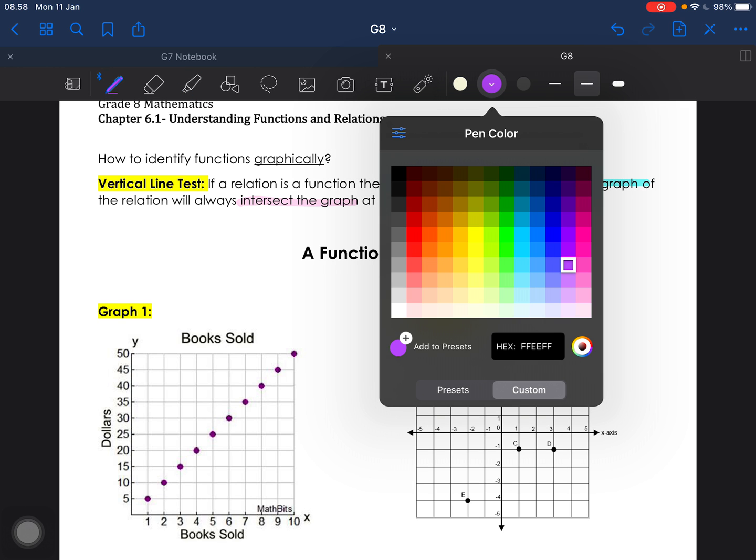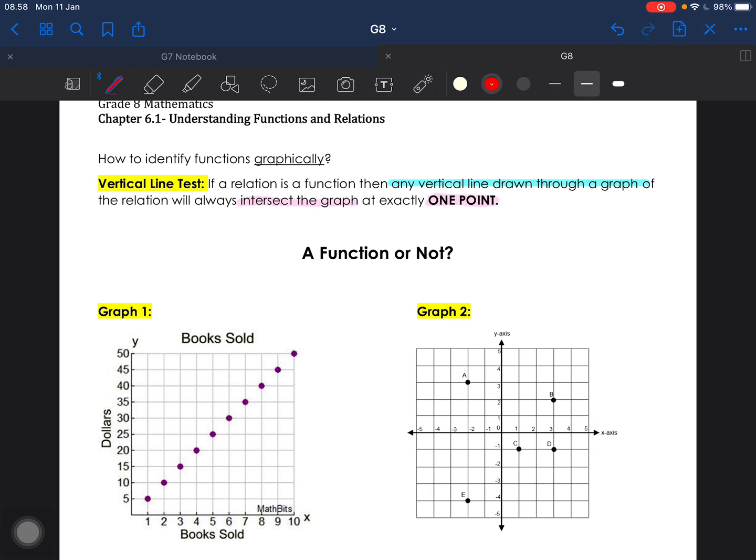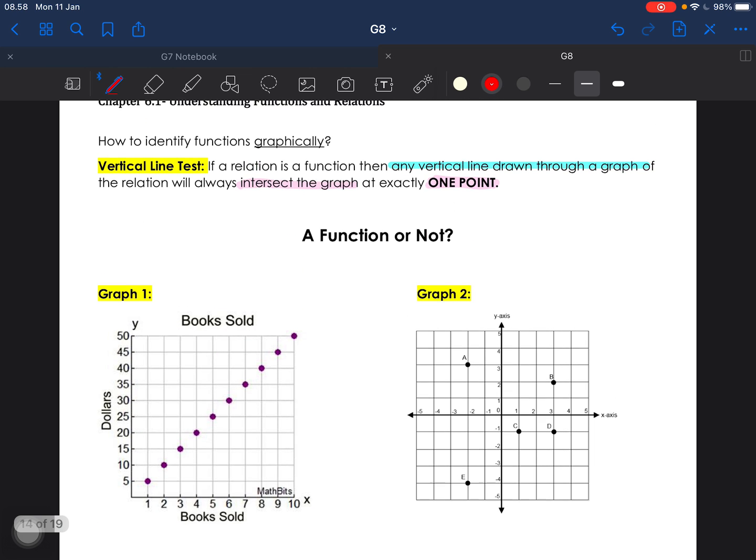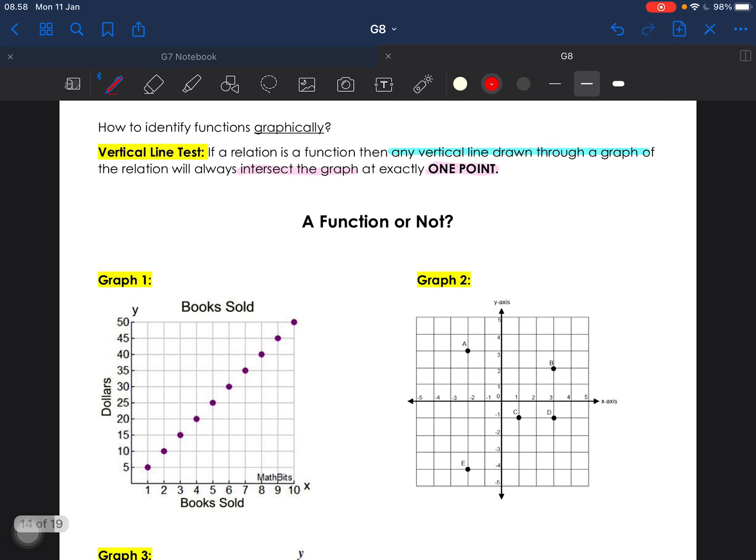Let me show you how that works. Okay, we're going to determine if these graphs are a function or not. A vertical line test is basically if you take your pencil and you go through the graph, and see if the graph intersects your pencil, because it's straight, right? Only once at a time.